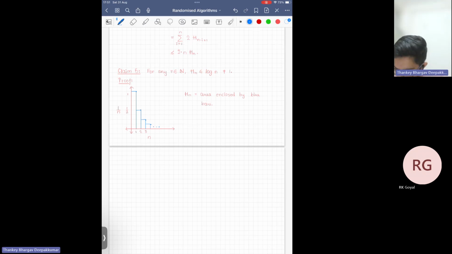Now, what is, so log 1 is 0. Oh, wait. I did not draw the bars properly. I want bars of a different form. Okay, so let me draw the bars like this.